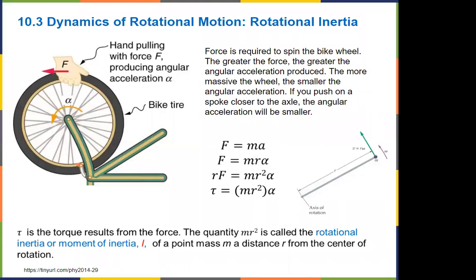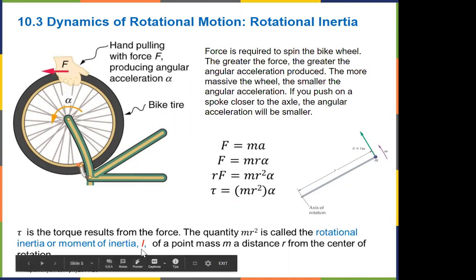This m times r squared is called the rotational inertia or moment of inertia of the point mass, equal to mass times r squared, where r is the distance from the point mass to the axis of rotation. For this new quantity we use I as the symbol.